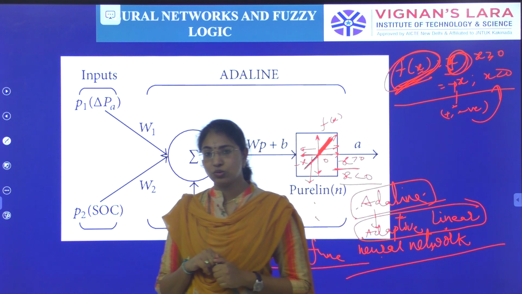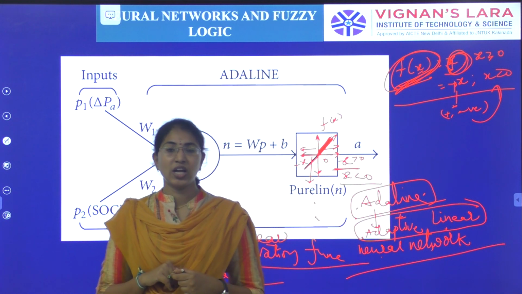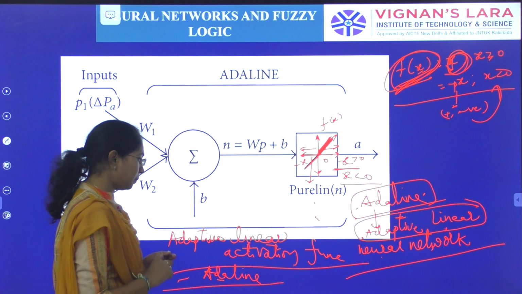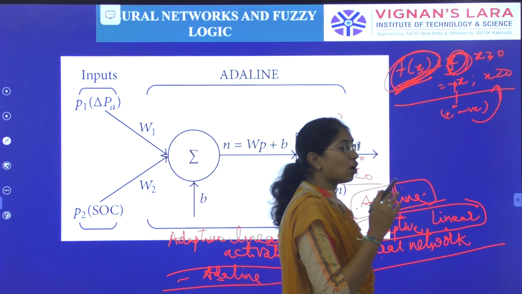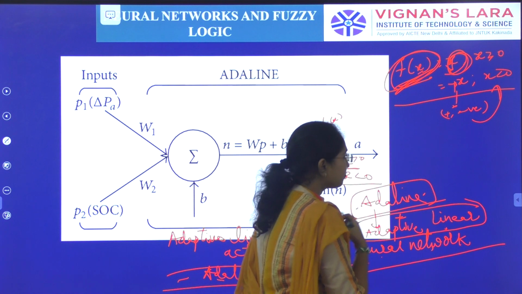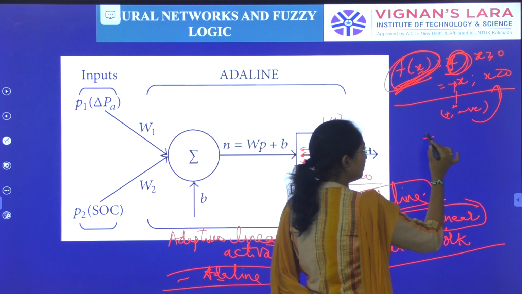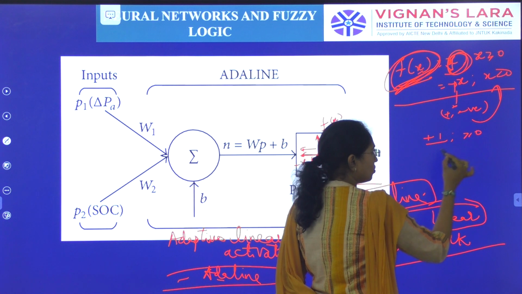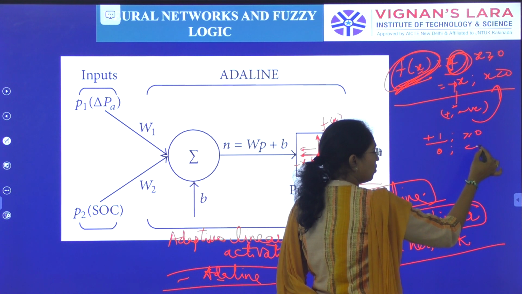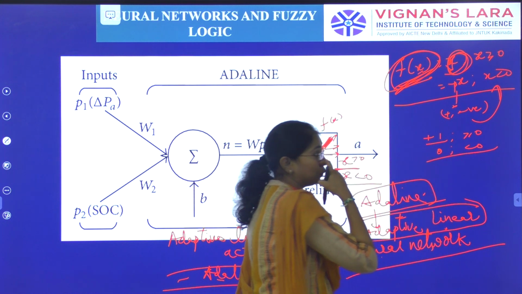Whereas in the McCulloch-Pitts neuron model and the Perceptron neuron model, it will generate 1 if the input is greater than or equal to 0, and generate 0 if it is less than 0.